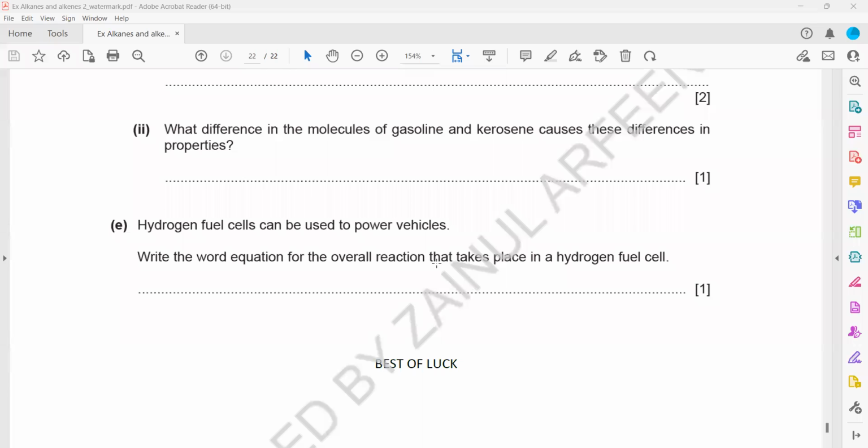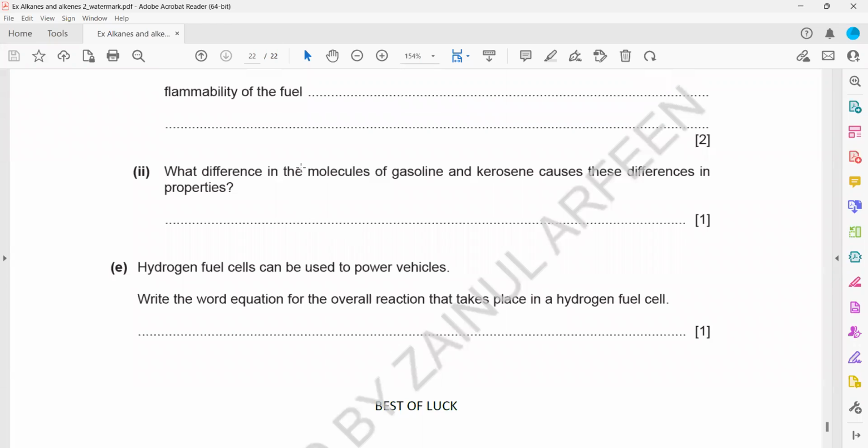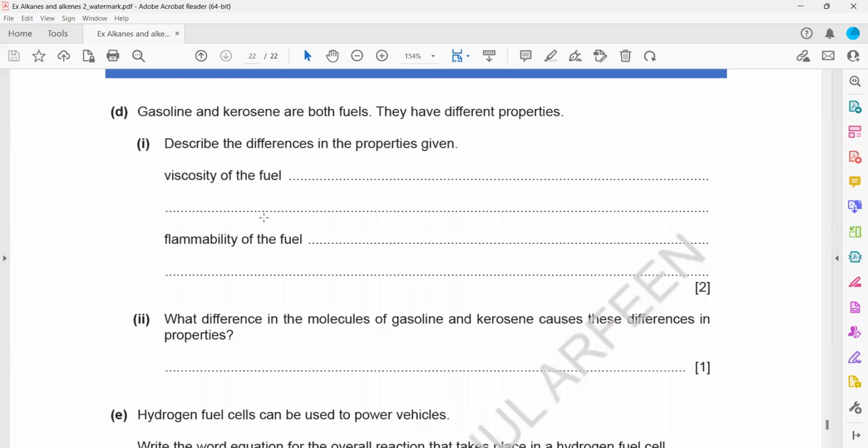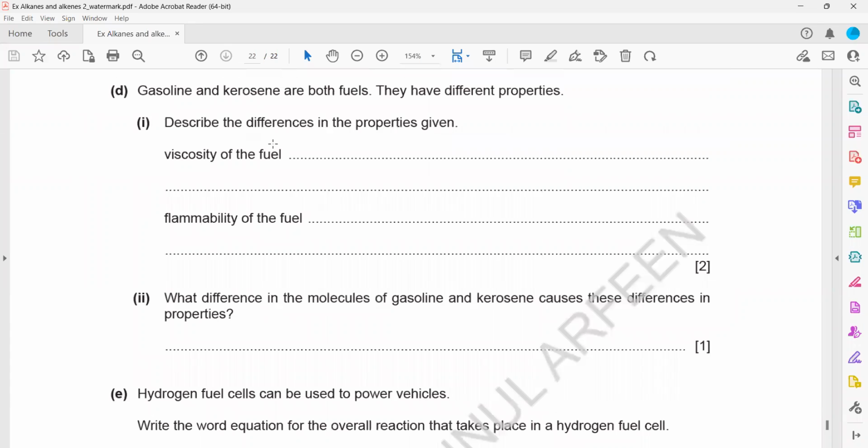So these are physical properties, and combustion is what I talk about. What difference in the molecules causes these differences in properties? Flammability is a chemical property. Viscosity is a physical property. So one is chemical, one is physical. The main reason is not their masses. The main reason is the carbon chain.